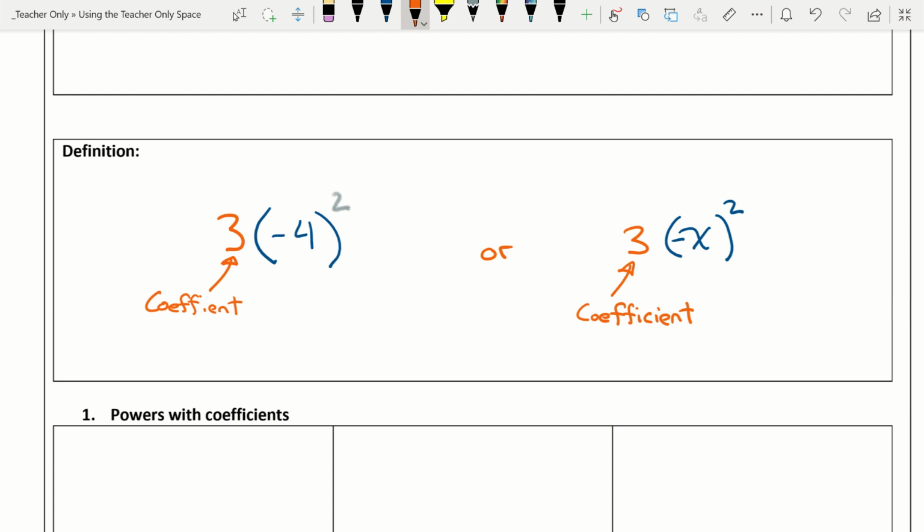So here we have this entire thing that we've looked at before, and we call that entire thing a power. And here, we call that also a power.